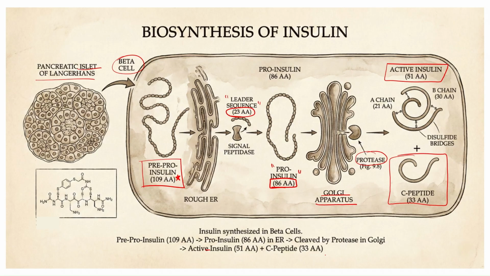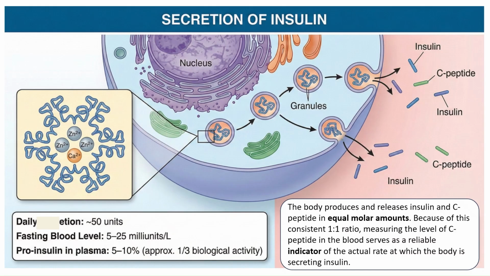The insulin has A chain, which is made up of 21 amino acids, and a B chain made up of 30 amino acids. So pre-pro-insulin 109 amino acids, pro-insulin 86 amino acids, then active insulin 51 amino acids, and C-peptide 33 amino acids. This is in short about the biosynthesis of insulin.